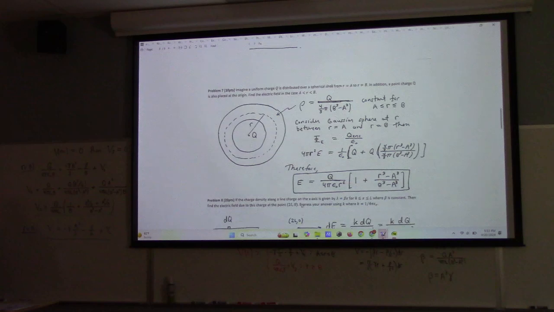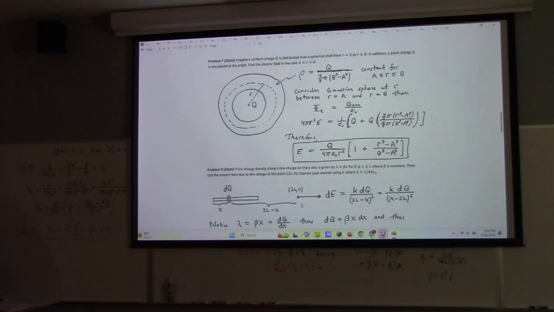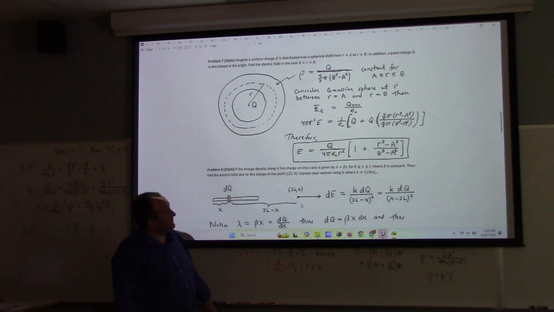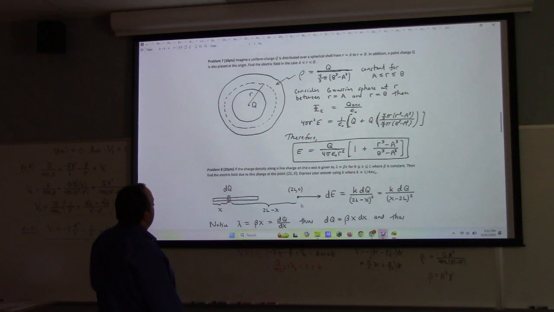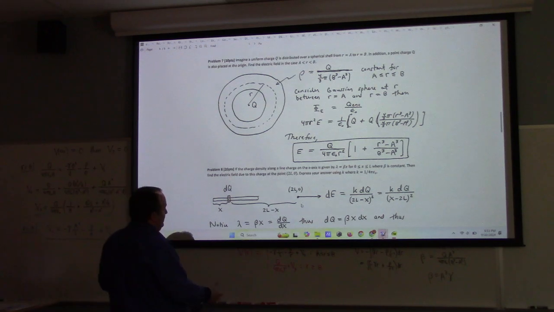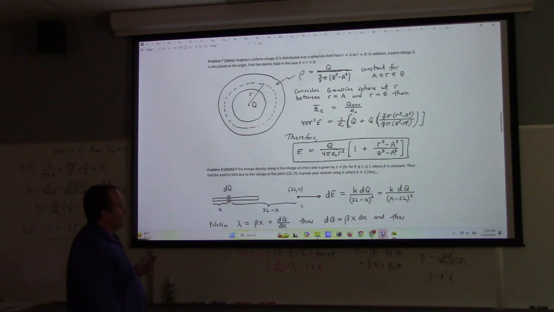Okay, problem 7: imagine a uniform charge Q distributed over a spherical shell from r equals a to r equals b, and also we added a point charge at the origin just to make it a little bit different. I asked you what the electric field was inside the smeared out charge.